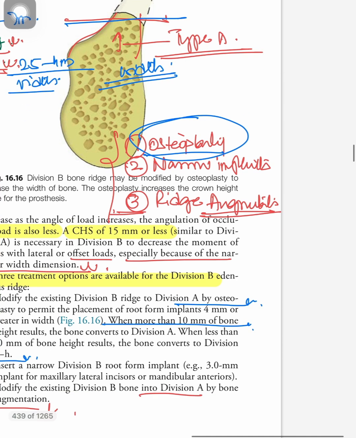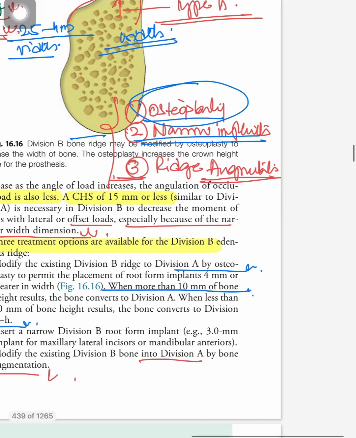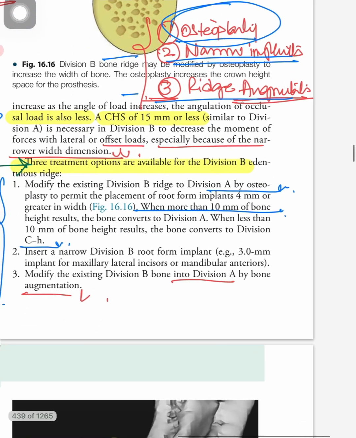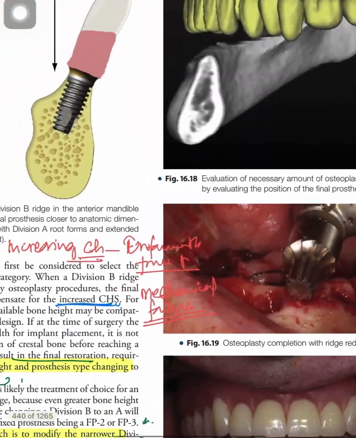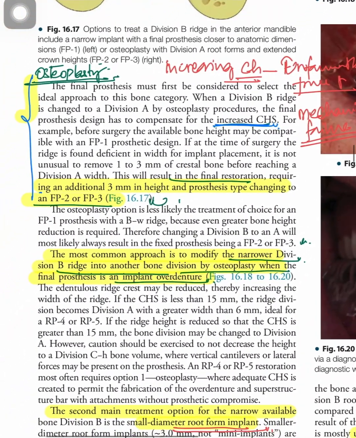Another option is you go ahead with narrow implants. Third option is ridge augmentation. So basically, you graft the site with some bone graft material. So let's discuss the advantages and disadvantages of each of them.